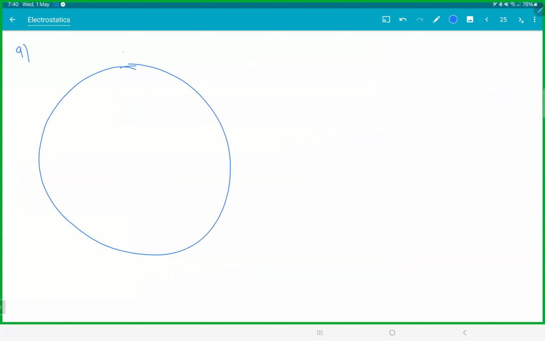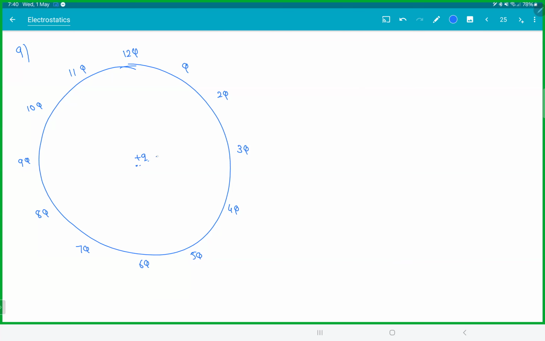We have a clock here. 12q, q, 2q, 3q, 4q, 5, 6. So basically on the clock, I kept charges like this. The charge is at the center here, let's say small q.